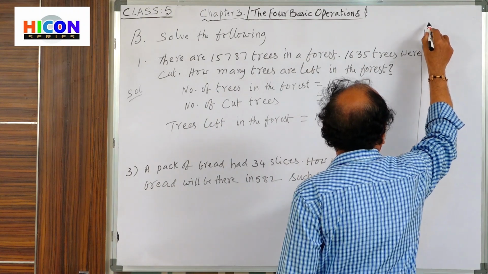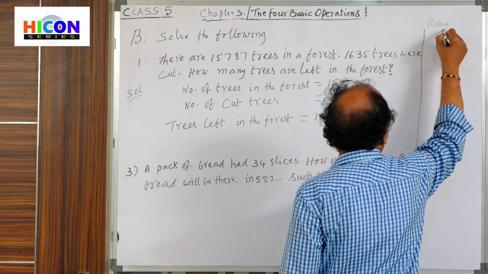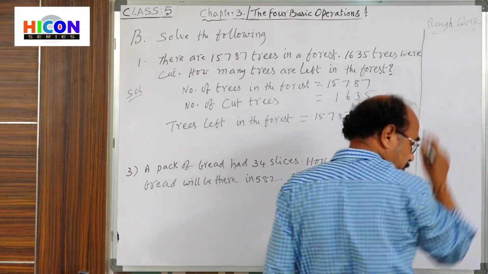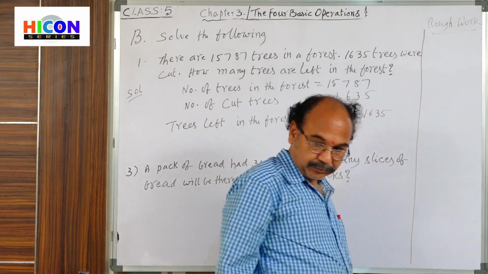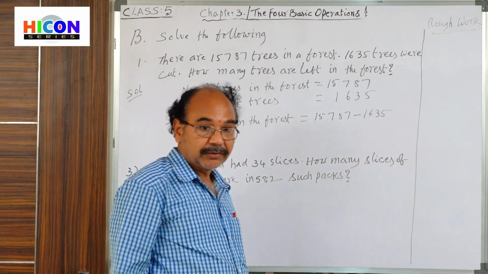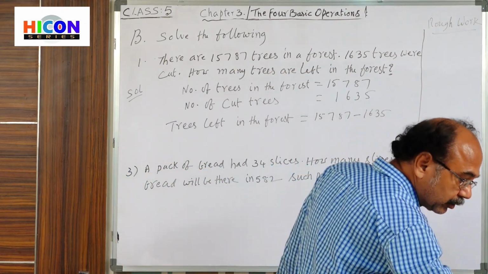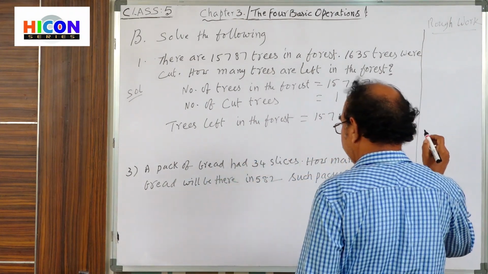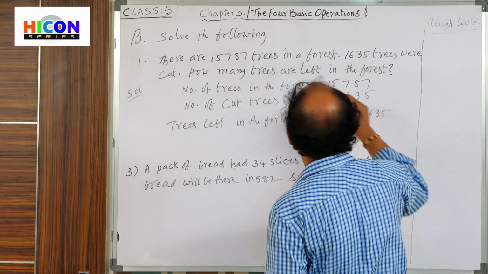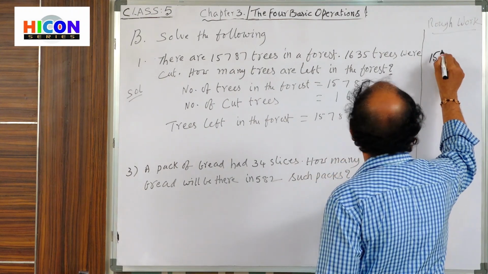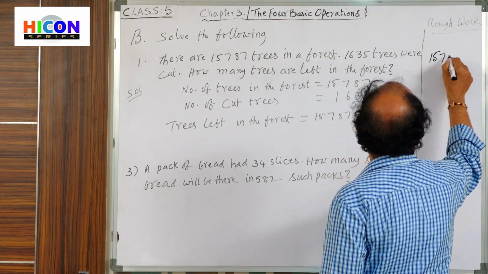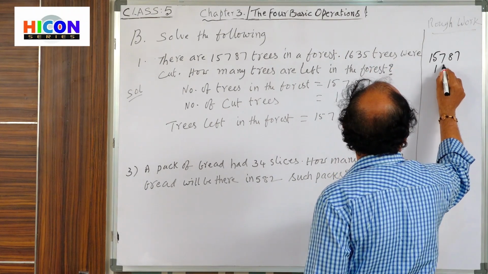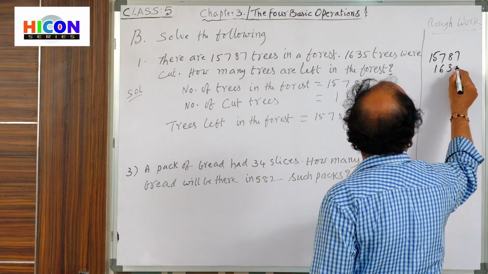So here, refer. You can show the subtraction. So here you write 15,787 minus 1,635. Do subtraction.